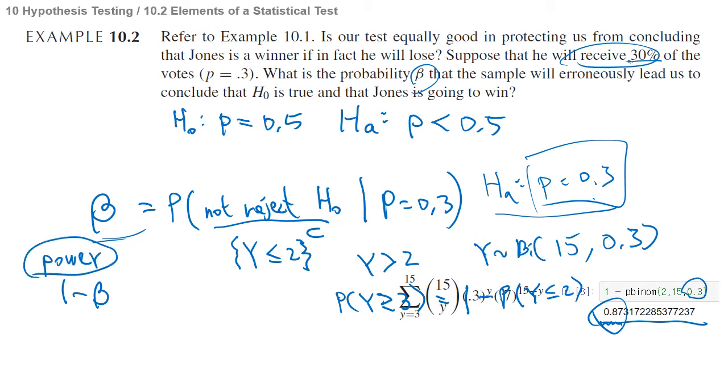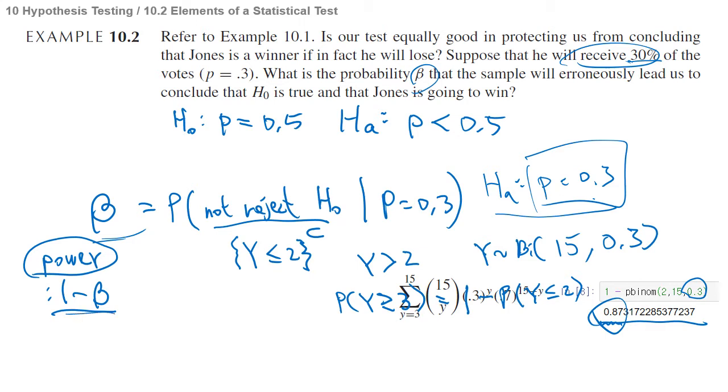Statistical power is 1 minus beta, and we would like to increase the statistical power, the power to detect something. Power is the probability of rejecting H0, that's 1 minus beta.